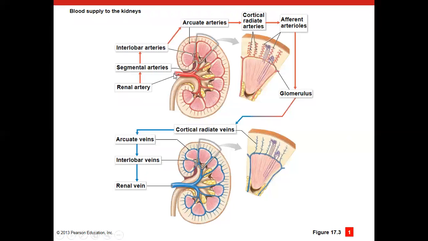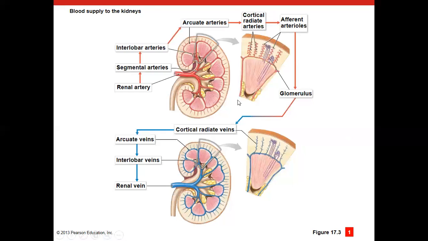Major blood supply to the kidney is the renal artery, and then the renal artery branches to segmental arteries. You should understand and be able to identify these branches. So the segmental arteries branch to what's called an interlobar artery. If you see the pyramids as lobes, the interlobar artery is between the lobes, interlobar, between the lobes.